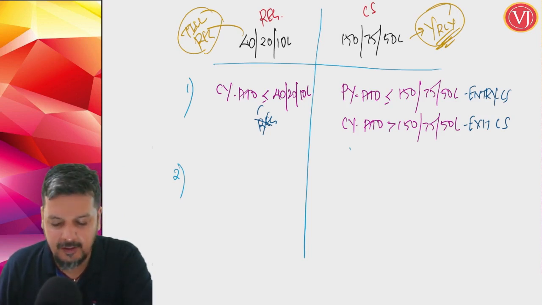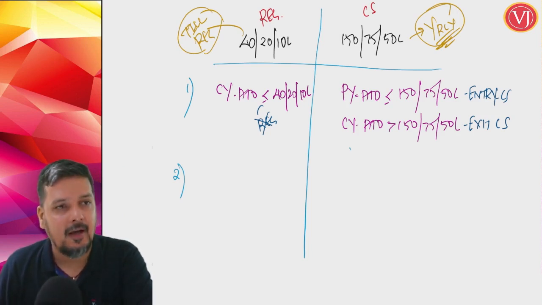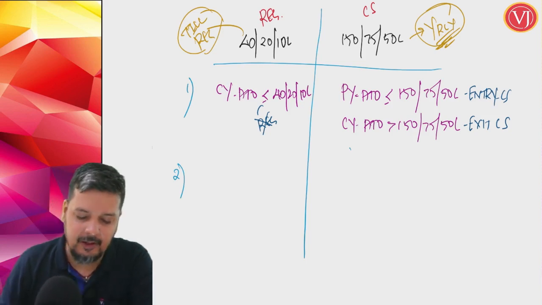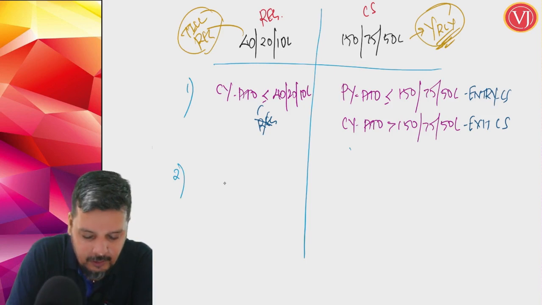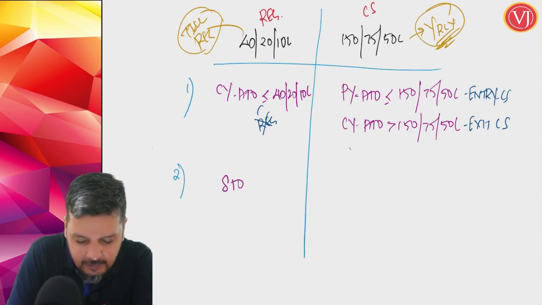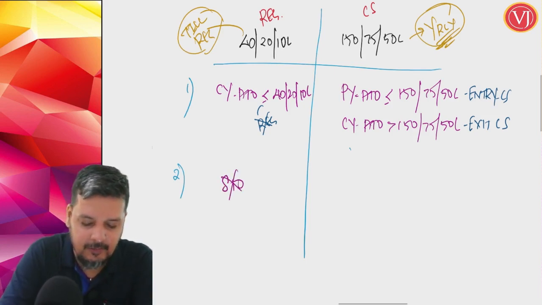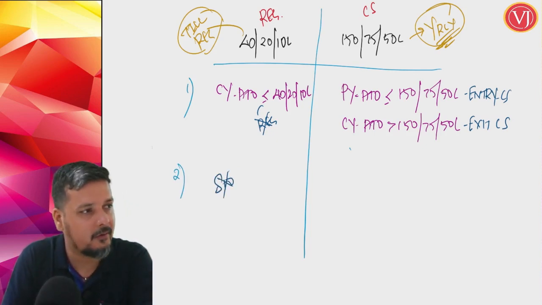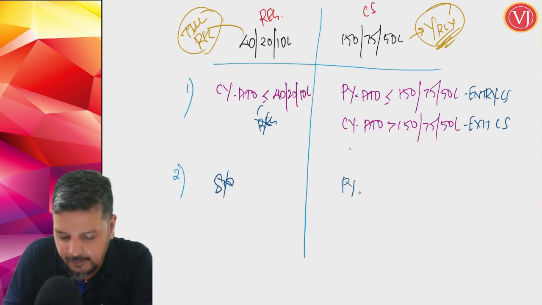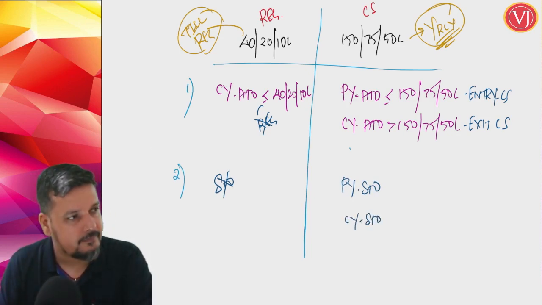Now, the second important aspect that one needs to understand is that when you're talking about your registration, you are not even concerned with state turnover. But here you do require state turnover. You require your previous year state turnover, and you require your current year state turnover.